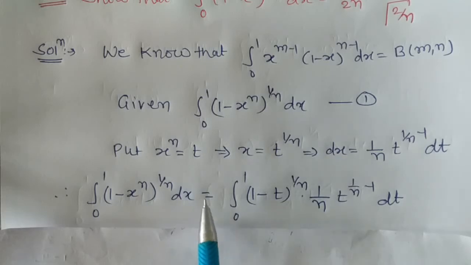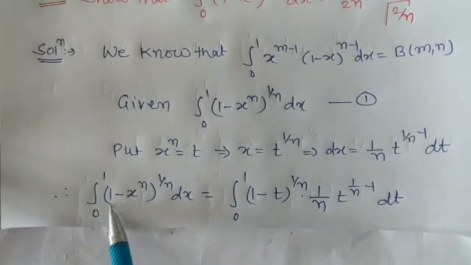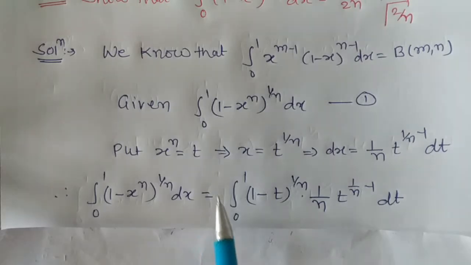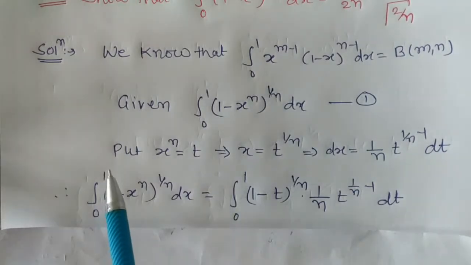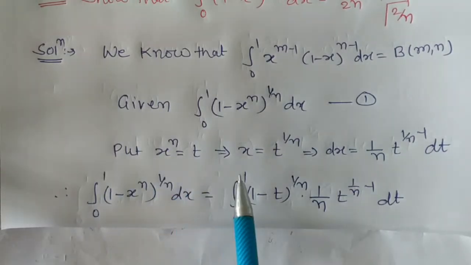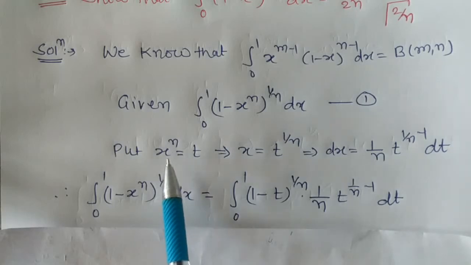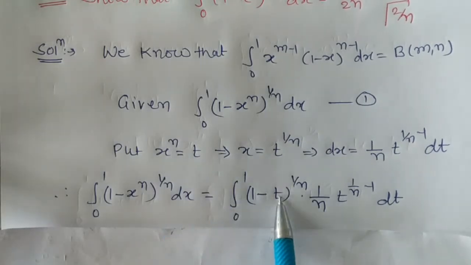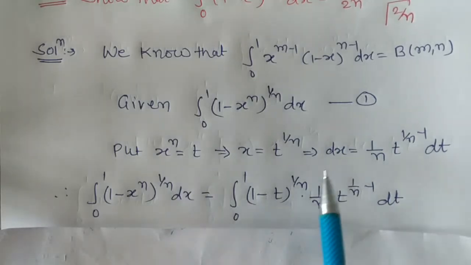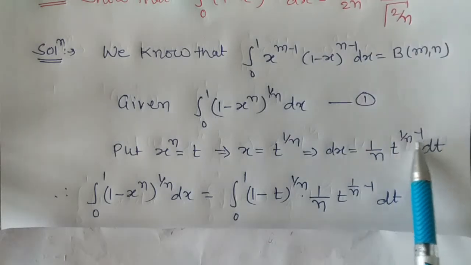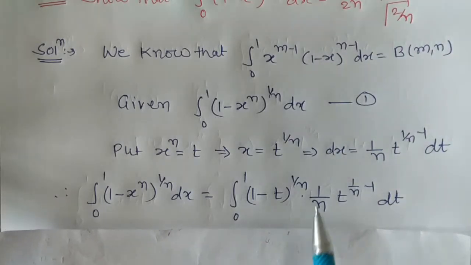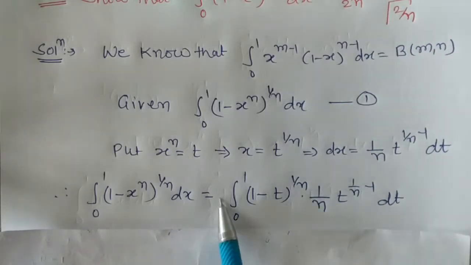Using this substitution in the given integral, here the lower limit of x is 0, which gives the lower limit of t as 0, and the upper limit of x is 1, which gives the upper limit of t as 1. So the limit of integration is 0 to 1. Now 1 minus x^n, x^n is t, so we have (1 minus t) to the power 1/n into dx. dx is 1/n into t^(1/n minus 1) dt. 1/n is constant, so we write it outside the integral.